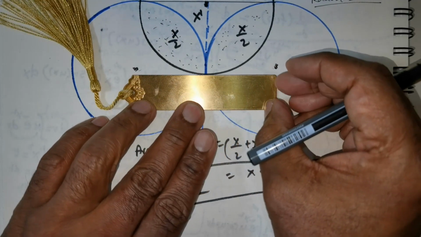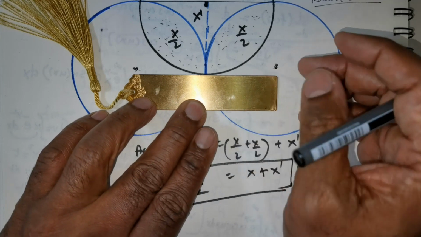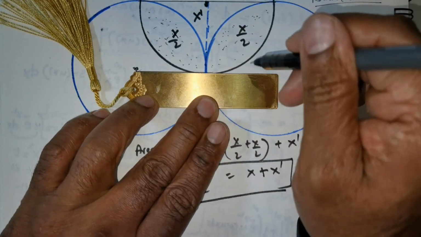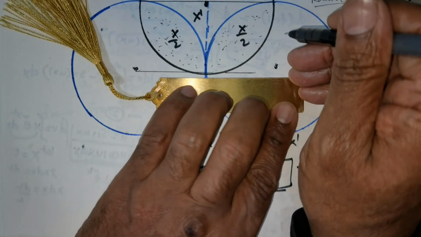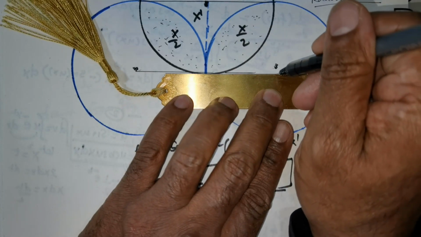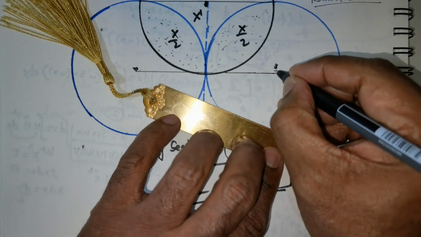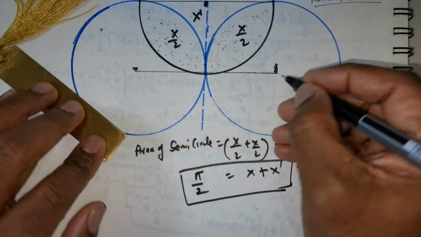So just take this as a rectangle, right? I know the figure is a little bit aberrated, but bear with me. So this is the center, okay?